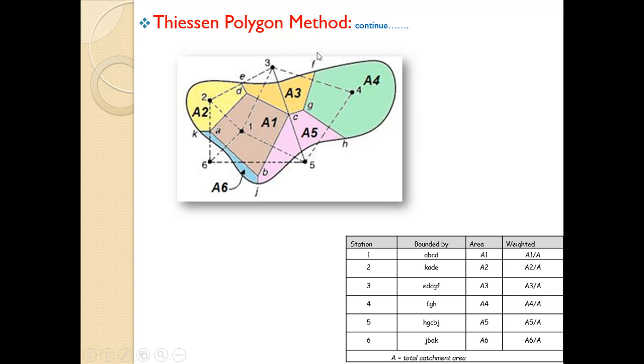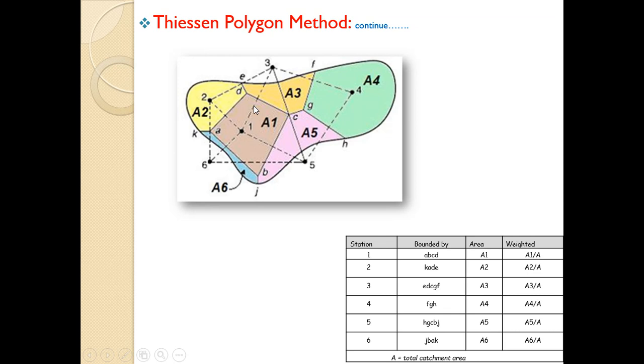Here you can see this is the perpendicular bisector of side 3-4, this is the perpendicular bisector of 4-5, and this is the perpendicular bisector for this side, and so on. After joining all the stations and forming the triangles, perpendicular bisectors are drawn on each and every side.